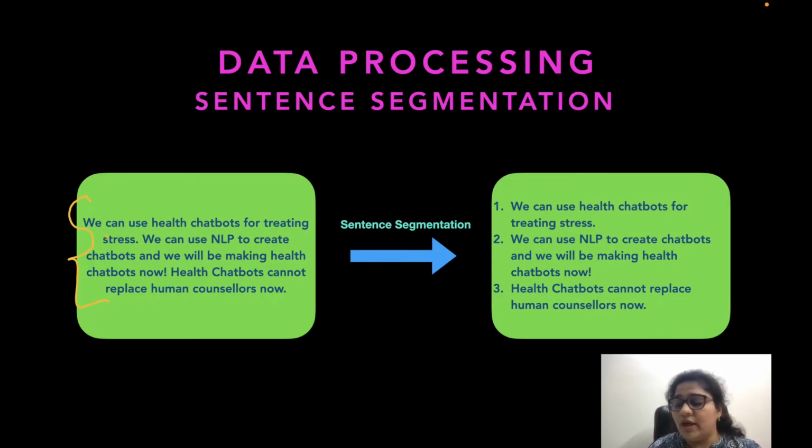We can use health chatbots for treating stress. That is sentence number 1. We can use NLP to create chatbots, and we will be making health chatbots now. That is my sentence number 2. And then, health chatbots cannot replace human counselors now.